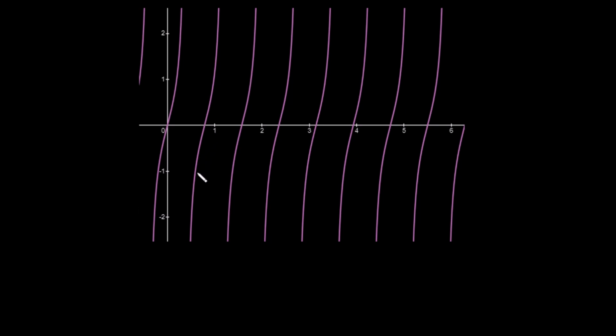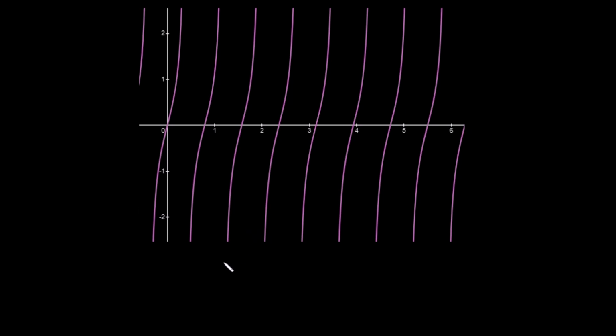But if we were to look at this, we know that 360 degrees is going to be 2 pi radians, which is this point up here, 6.28, that's 2 pi radians. So we can look and see how many times it repeats in this 360 degrees. So it's going to repeat once, twice, 3, 4, 5, 6, 7, 8 times. So it repeats 8 times in 360 degrees.